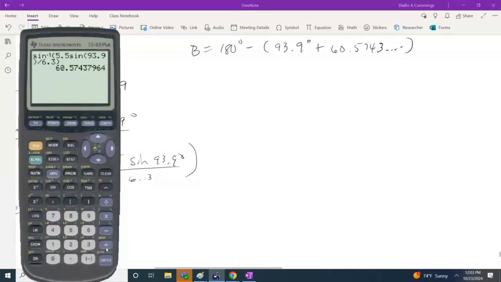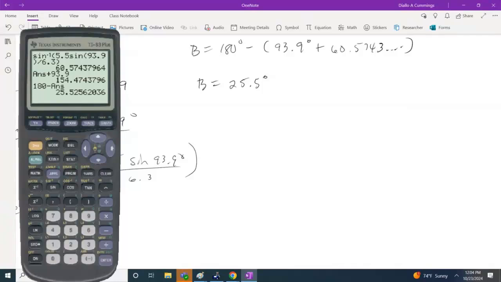I'm going to add 93.9 to it, and I get 154.47. Then I'm going to take 180 and subtract 154.47, and I get 25.5 degrees.